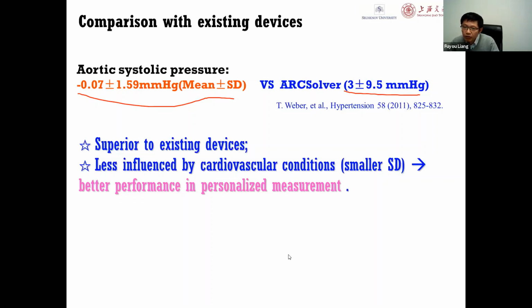So we can conclude that our method is superior to existing devices, and the accuracy of our aortic pressure estimation is less influenced by cardiovascular conditions because we have a smaller SD. So it means that our approach may have better performance in personalized measurement, right?